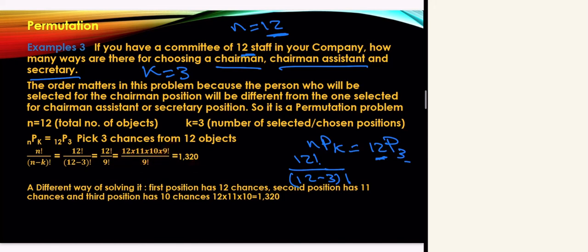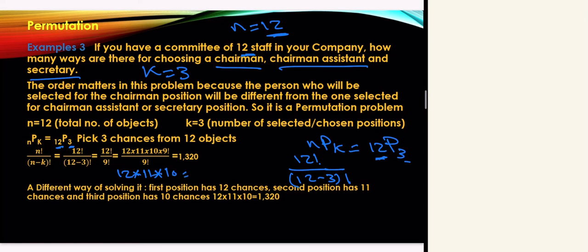Also, you can use the same way which was given by some of the books. We start with 12 and end up with 12 minus 3 plus 1. So 12 minus 3 equals 9, plus 1 equals 10. So I can write 12 times 11 times 10.